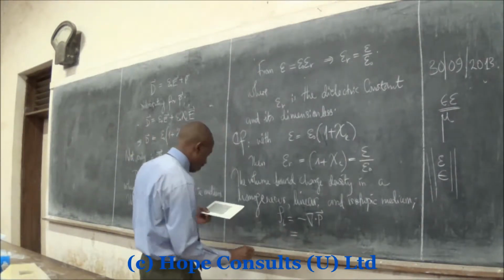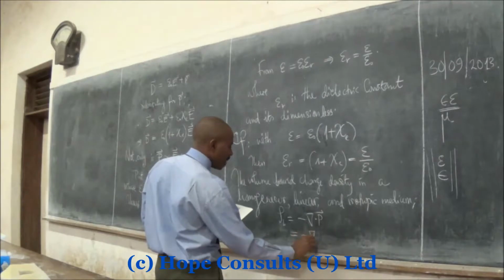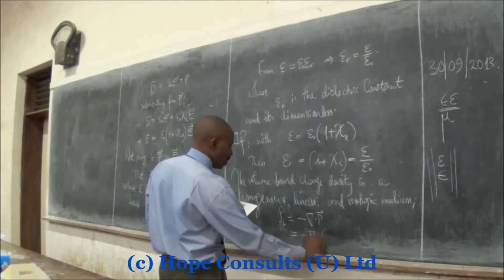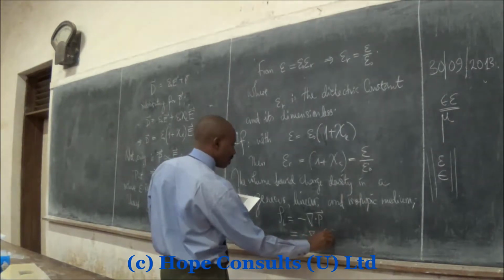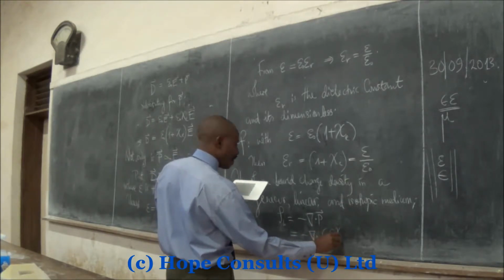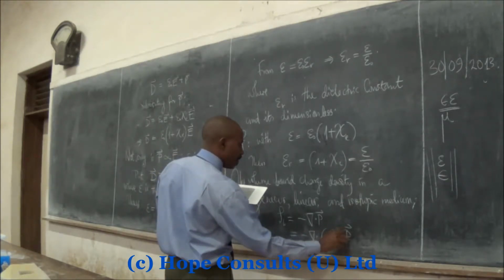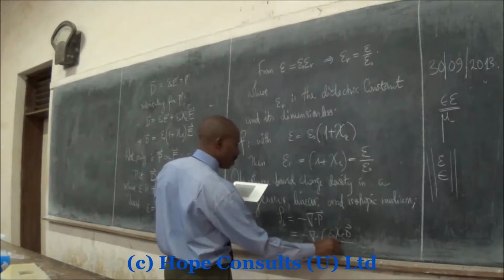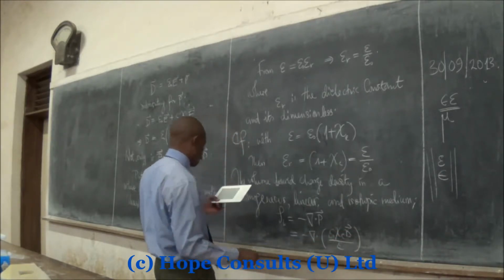And this would be the same as minus divergence of epsilon naught chi e D divided by epsilon.